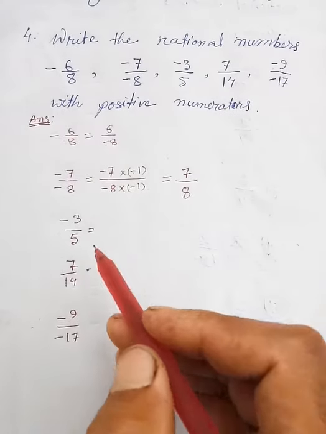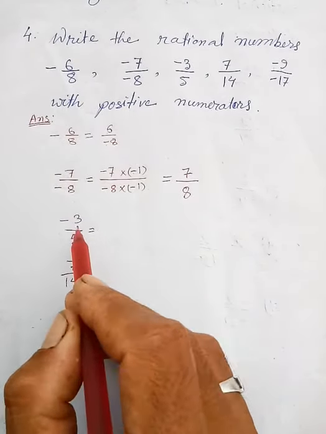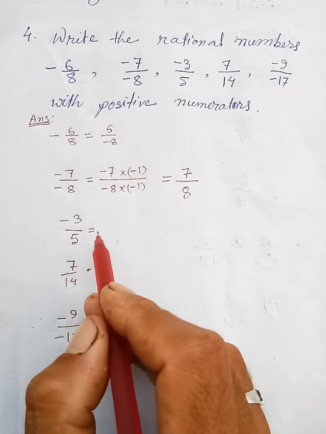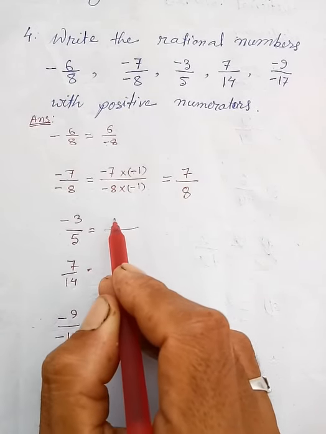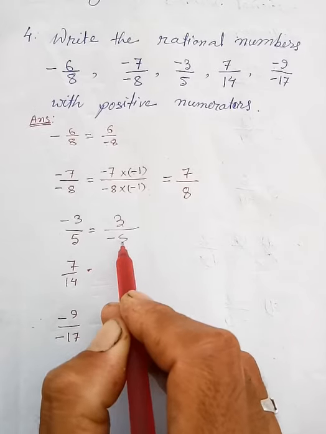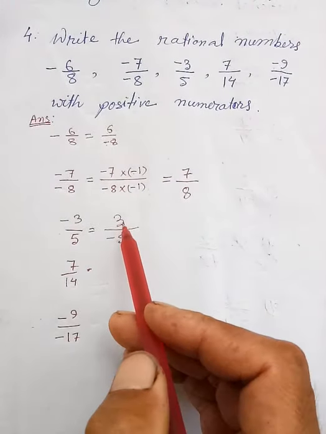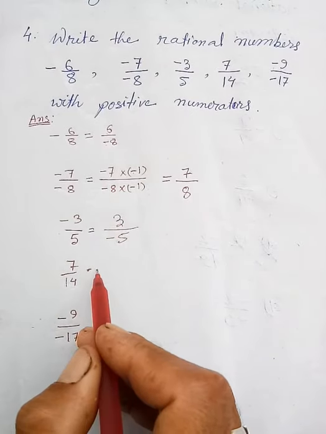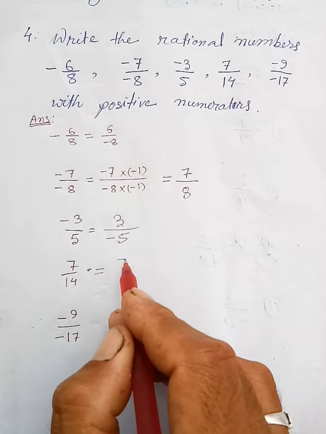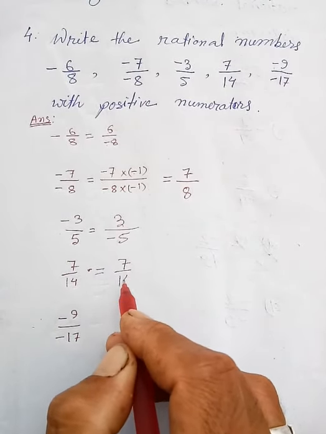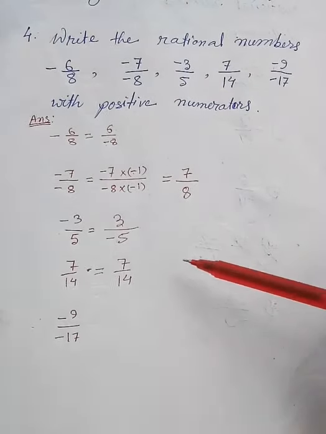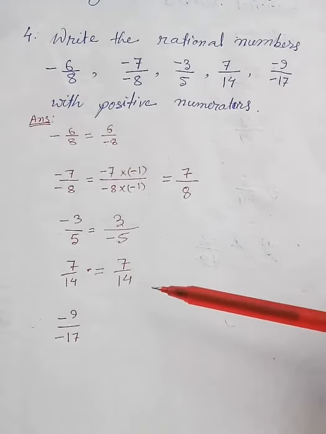So shortly you can rewrite this minus 3 by 5 also like this, 3 by minus 5. Just bring this negative down so that the numerator becomes positive. And 7 by 14 is the same, nothing to change. The numerator is already positive.